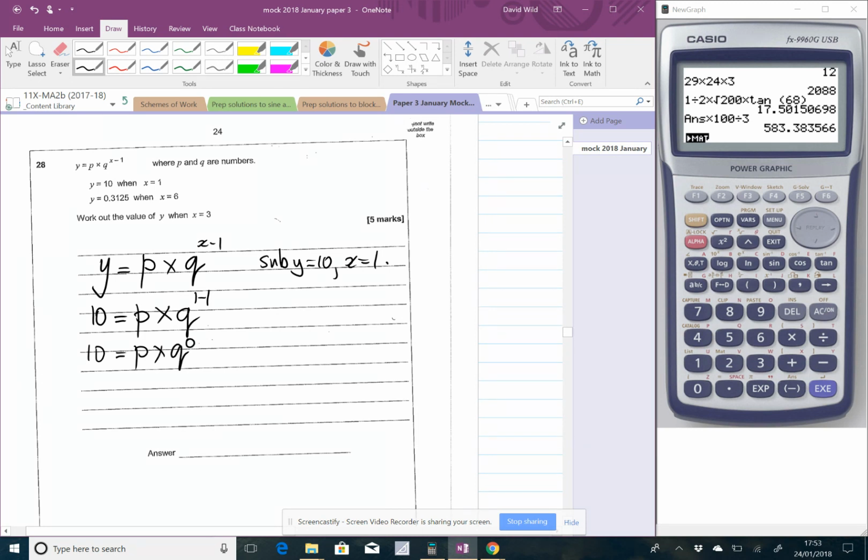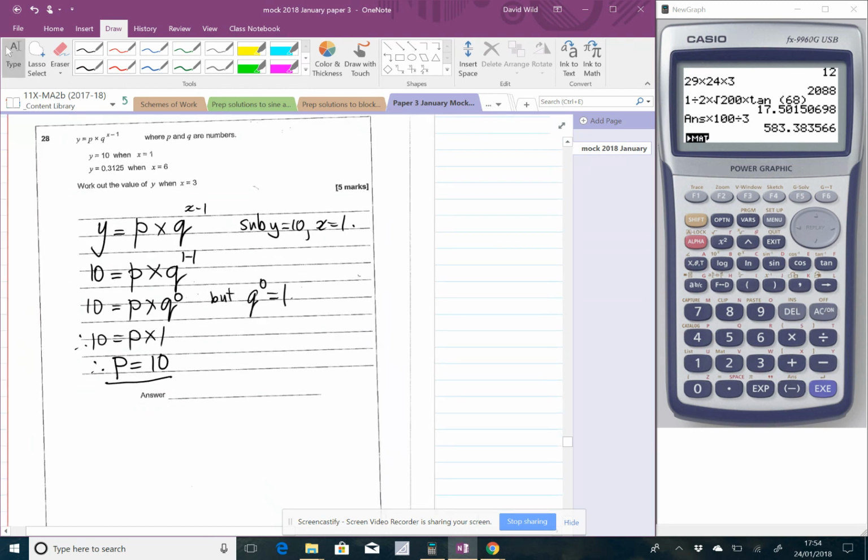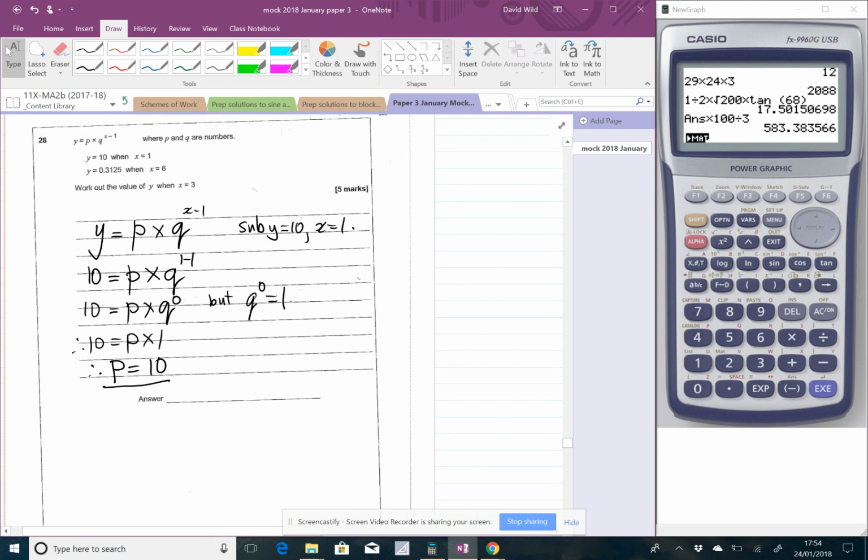Remember, anything to the power 0 is 1. So we can say q to the naught is 1. So therefore 10 equals p times 1, i.e. p equals 10.